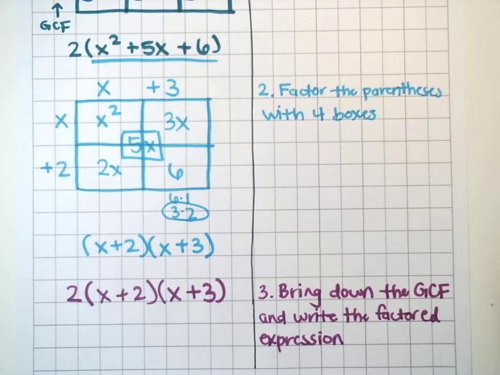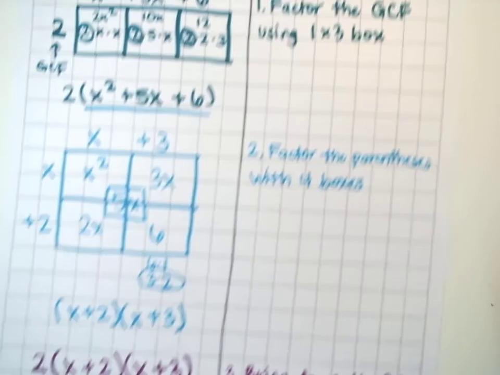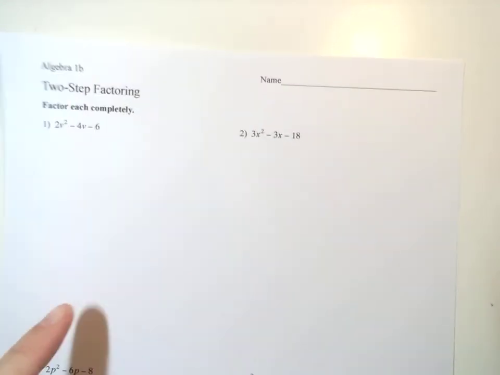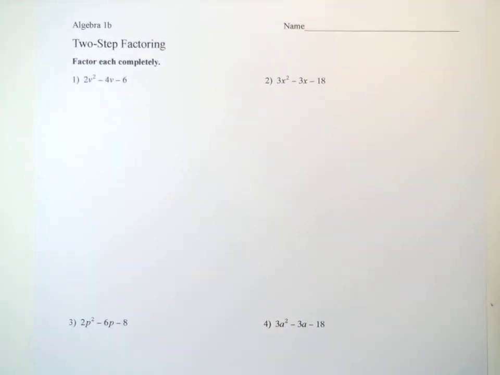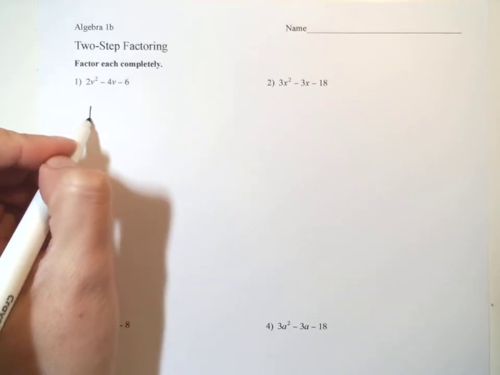Okay, let's look at your two-step factoring assignment. So for all of these, you're going to need a 1x3 box and then a 2x2 box. So let's factor out the GCF first.